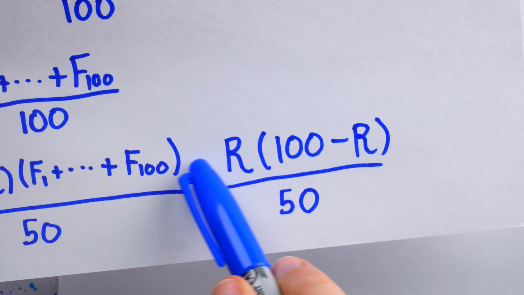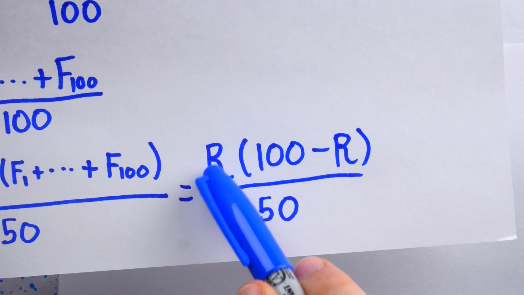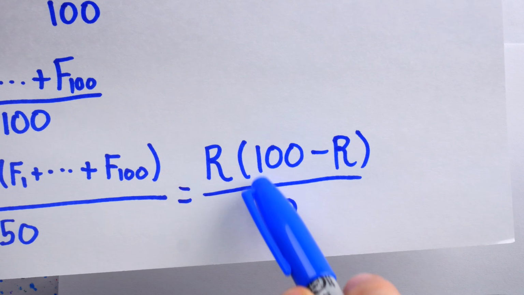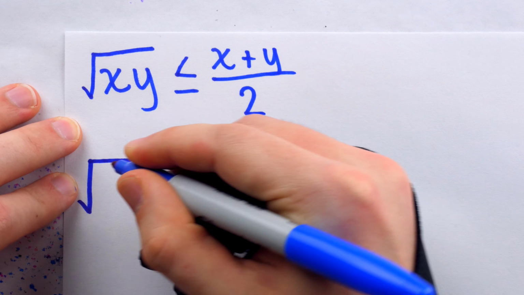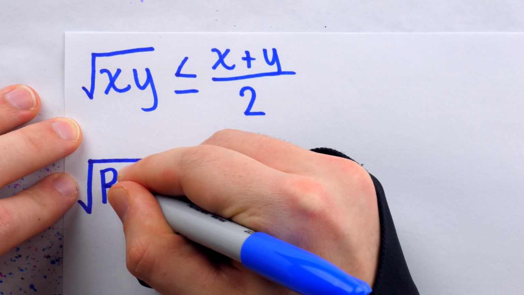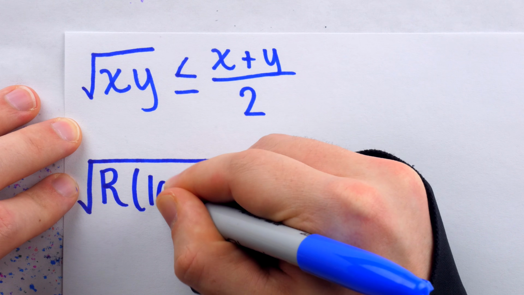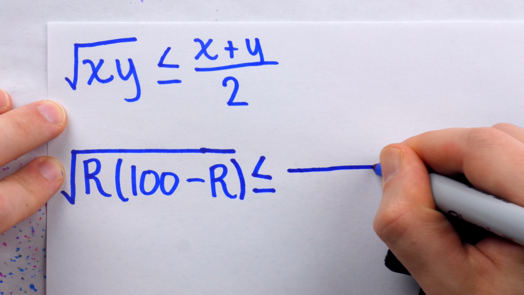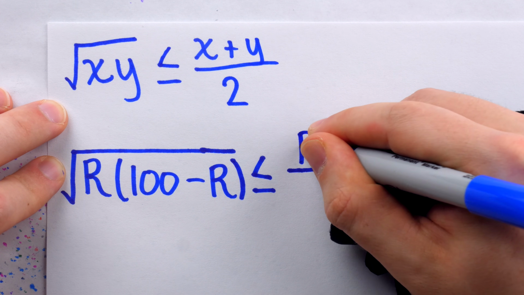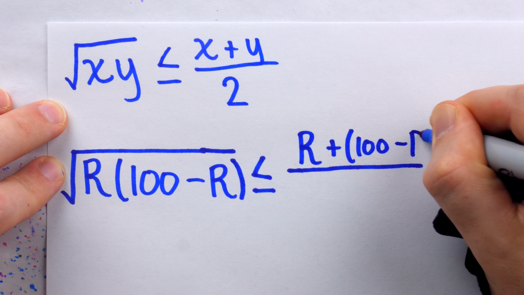We're applying this inequality to the two numbers r and 100 minus r. Thus, by the AM-GM inequality, we have on the left the square root of r times 100 minus r, and this must be less than or equal to the arithmetic mean of those two terms, r plus 100 minus r divided by 2.